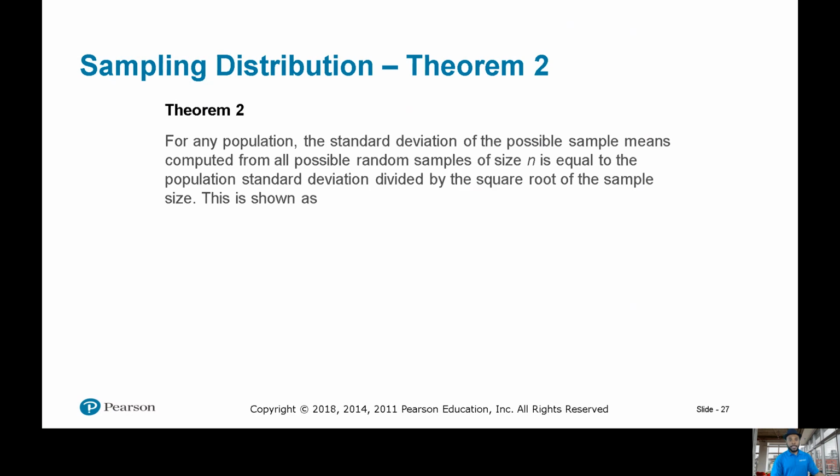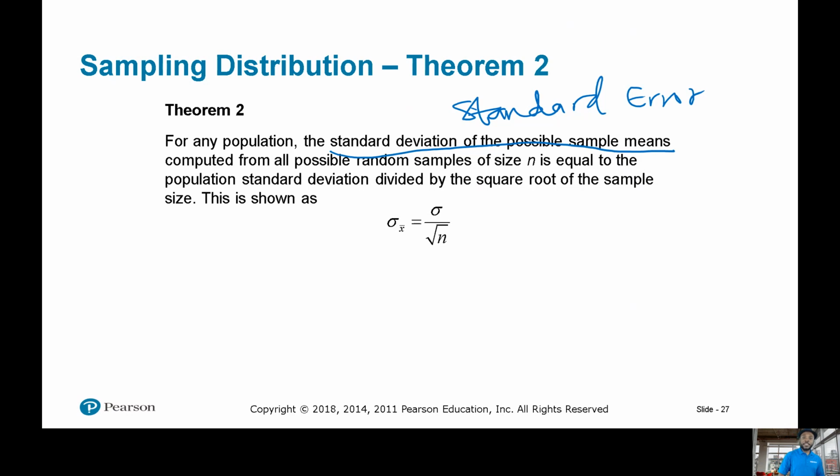Now, Theorem 2 states that for any population, the standard deviation of the possible sample means, which is what we call the standard error, computed for all possible random samples of size n, is equal to the population standard deviation divided by the square root of the sample size.